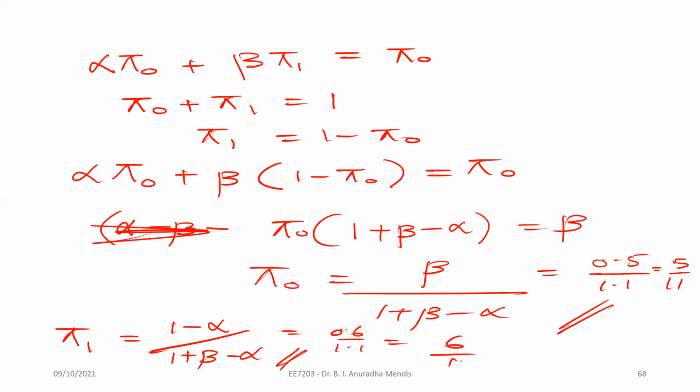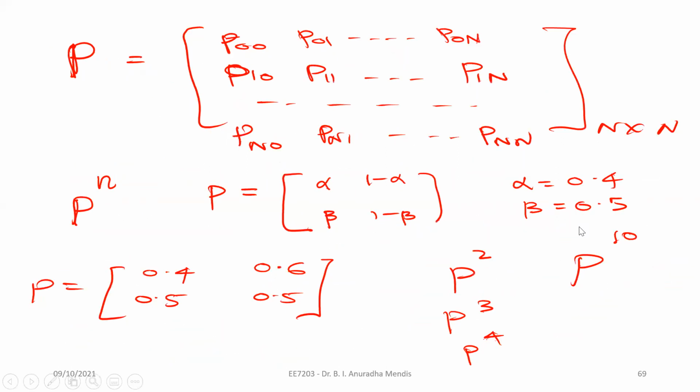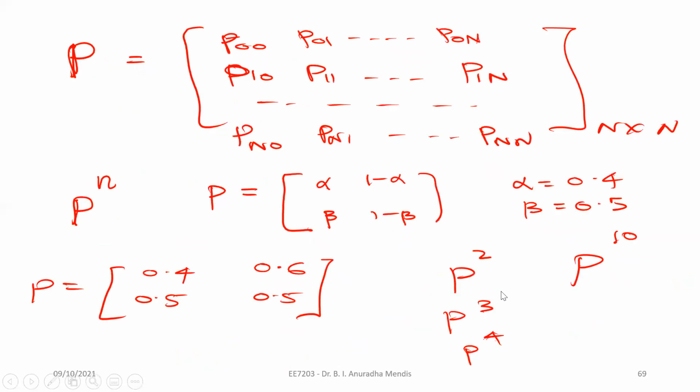This is 6 over 11. By using these alpha and beta values, the phi naught probability should be 5 over 11 and phi 1 should be 6 over 11. Now you have to find the powers of this transition probability matrix. So at home you do this exercise. Then try to find the relation.